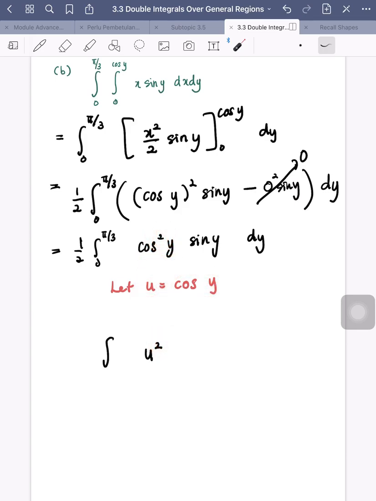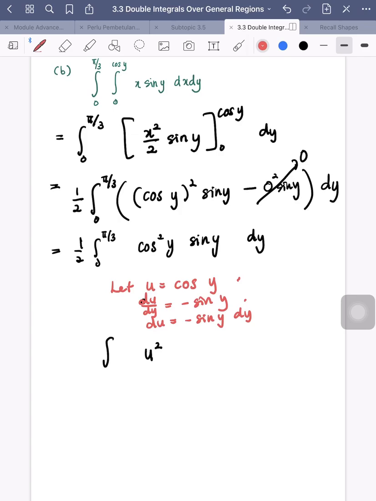Now when you have u, of course you need du to integrate. This is dy, so we find du by differentiating this function. You will get du over dy equal to negative sin y. Differentiate cos, you get negative sin. Next, I want du only. du is equal to negative sin y dy.